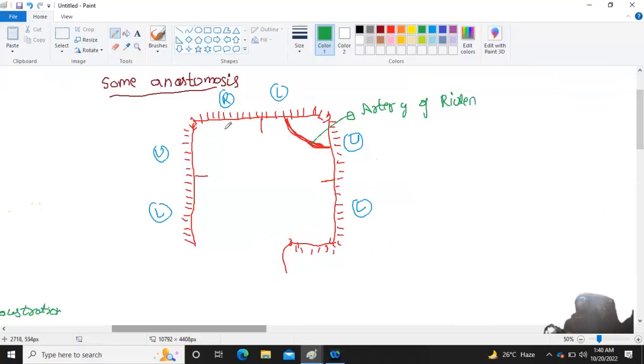Another anastomosis is between the superior mesenteric artery and the celiac trunk. You can write: anastomosis between celiac trunk and superior mesenteric artery.